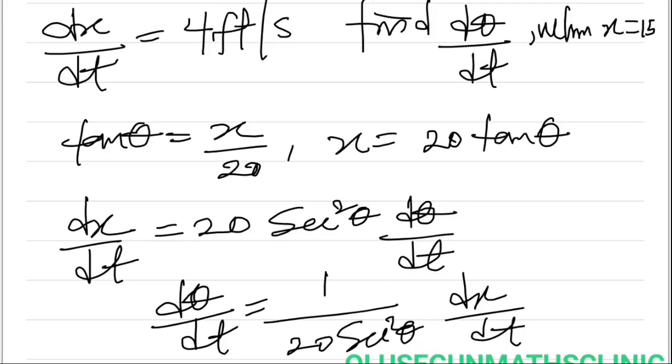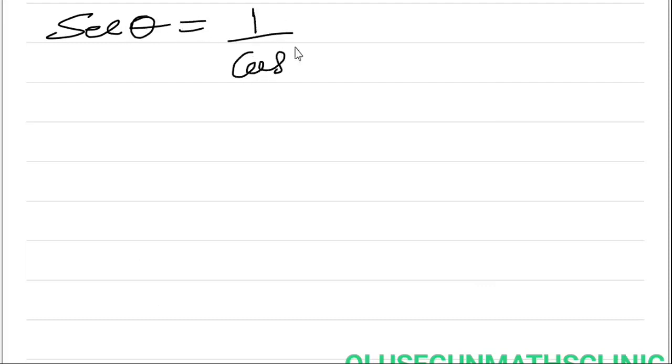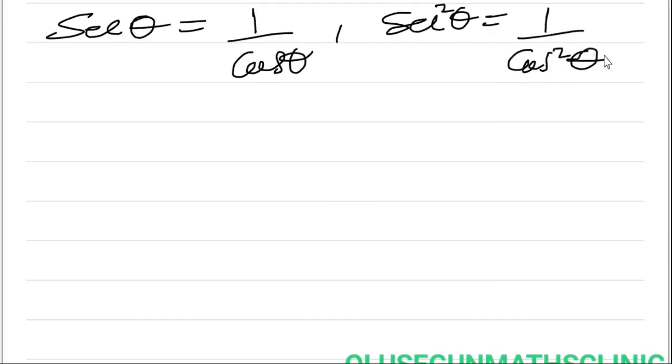But recall that sec θ means 1 over cos θ. So sec² θ will be 1 over cos² θ.